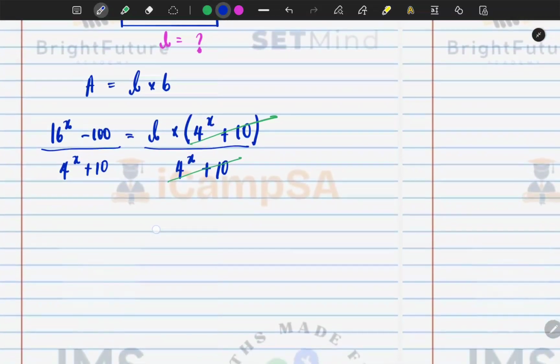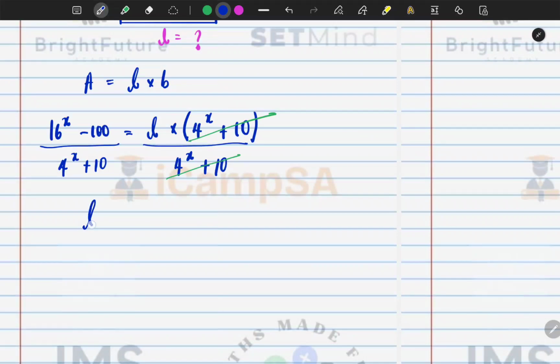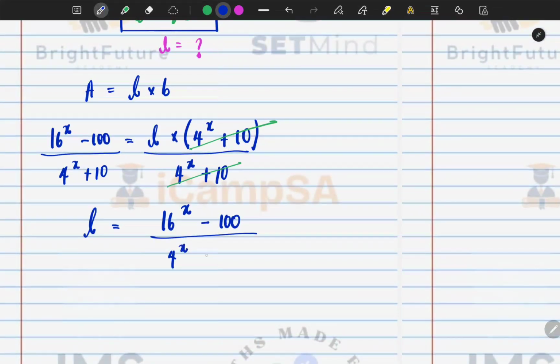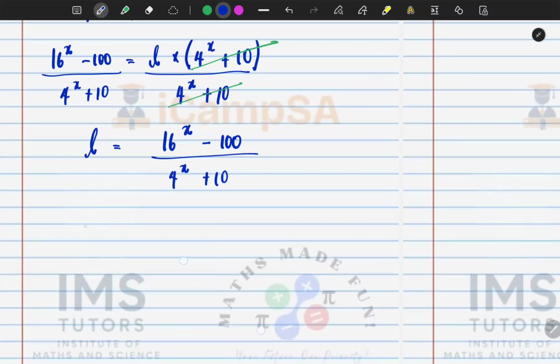So this can also be written as length equals 16 to the power of x minus 100 over 4 raised to the power of x plus 10.